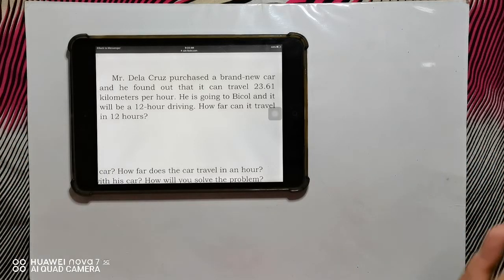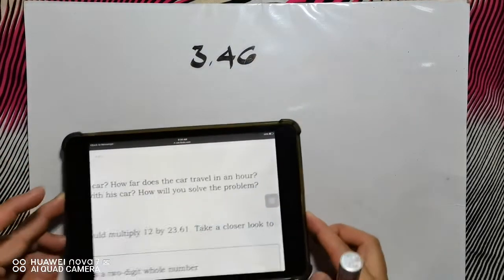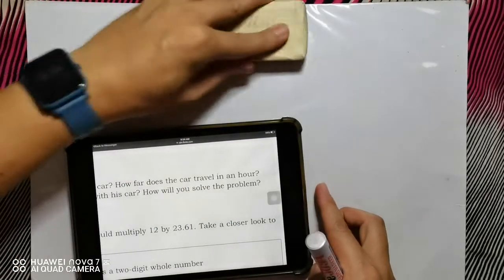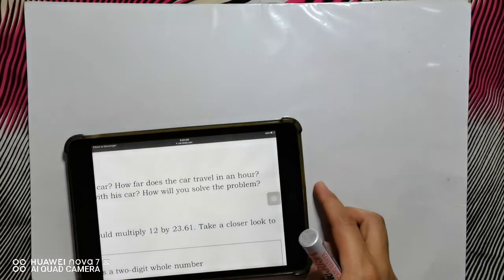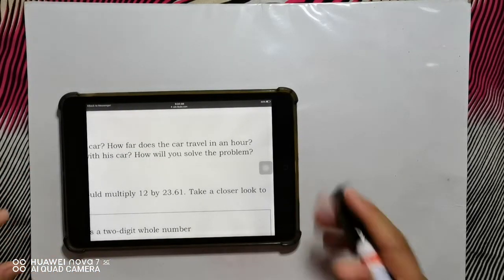We will be using the same approach that we had last week. Kailangan natin yung U, P, and S. So U stands for understanding or understand. P stands for plan. And then S is solve. Okay?